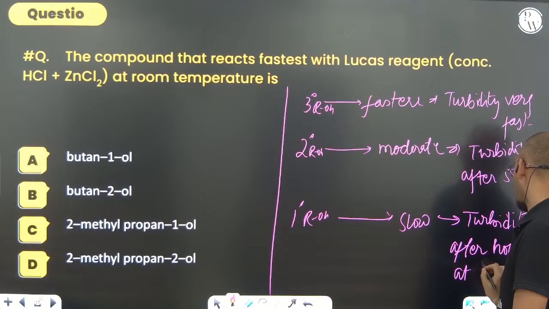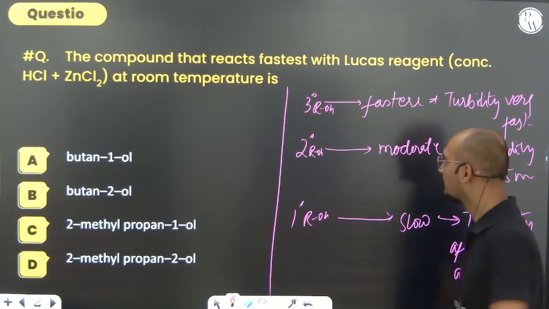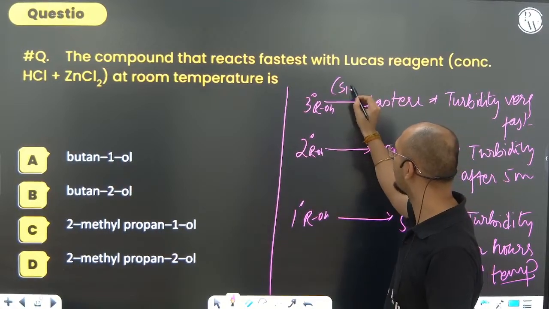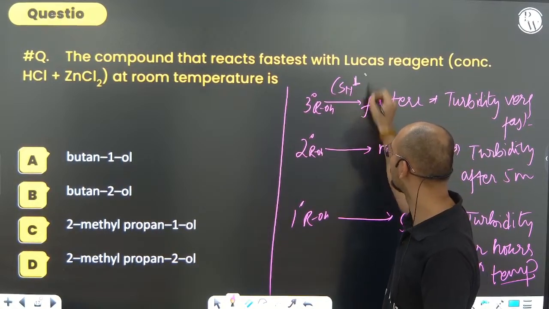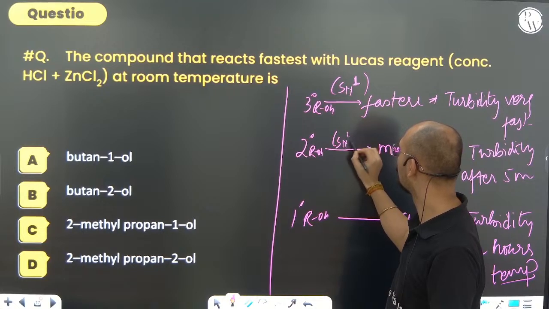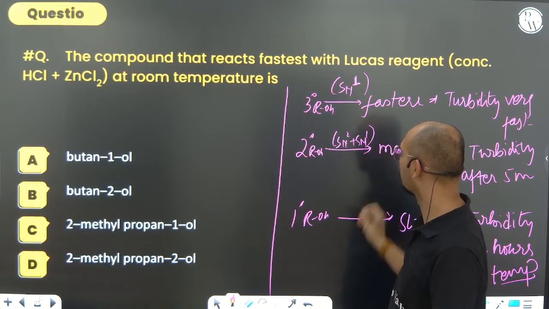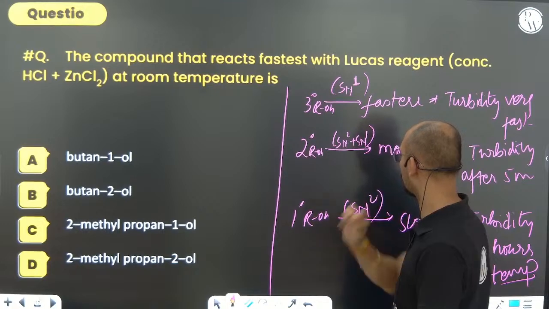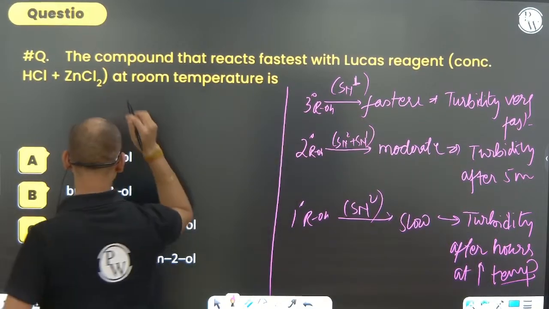So these things you can just keep in mind. Here the reaction is generally SN1, here it is SN2 as well as SN1, both products, and here it is completely an SN2 product. Any doubt?